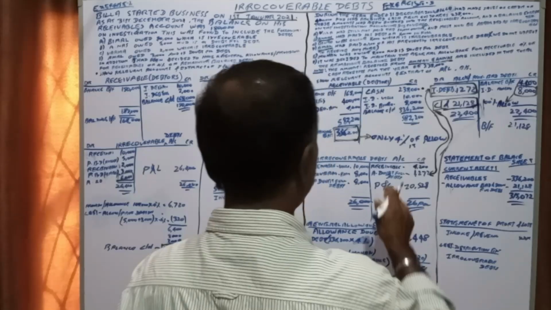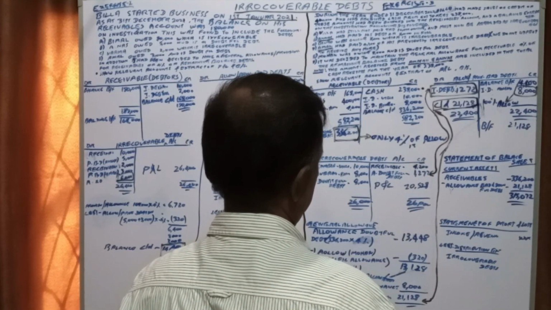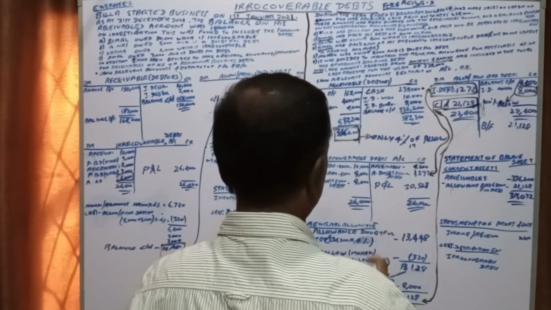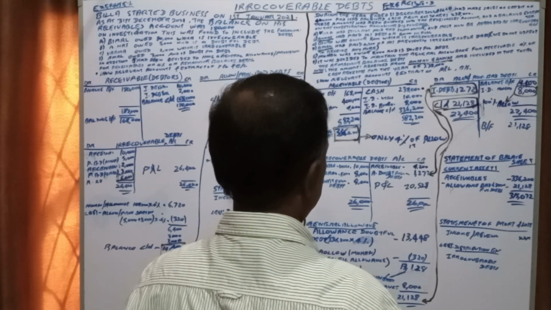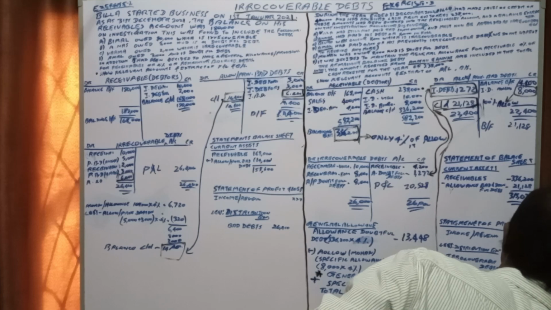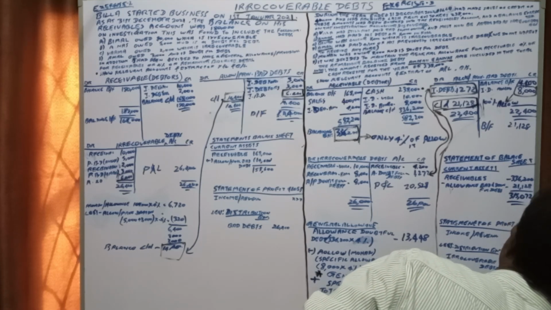Here, irrecoverable debts is a credit balance, so we have to deduct it, 20,528.